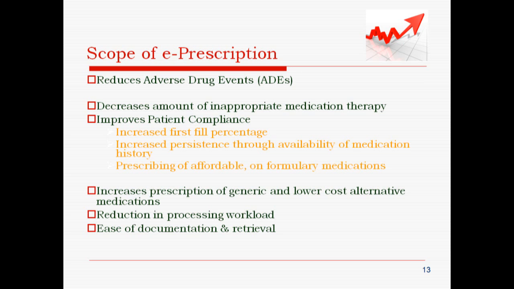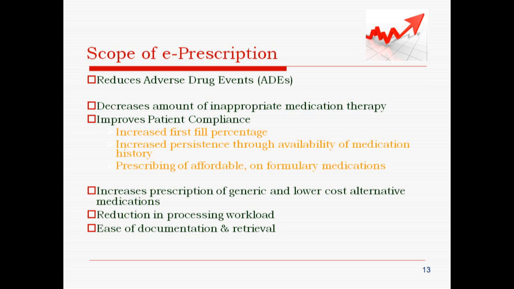Next, it improves patient compliance in a way that it will increase the first fill percentage and increase persistence through availability of medication history, and prescribing of affordable on-formulary medications, because you have the chance of seeing the economical value of the drug also. So all these three factors will lead to improvement in patient compliance.